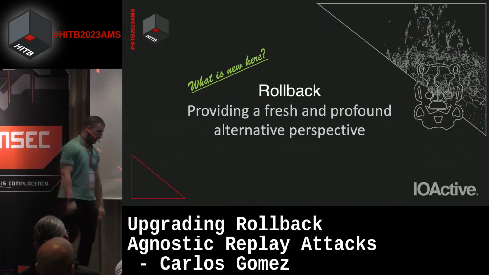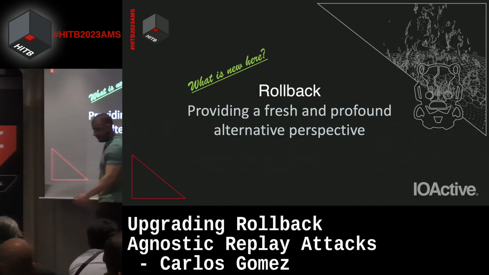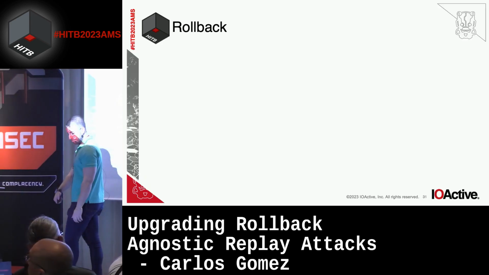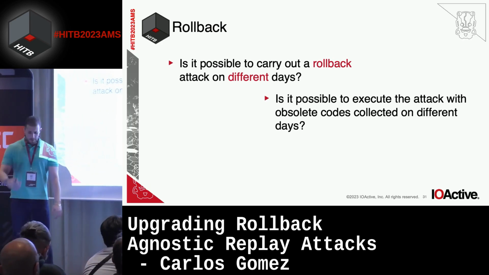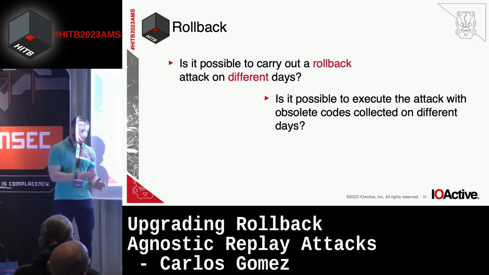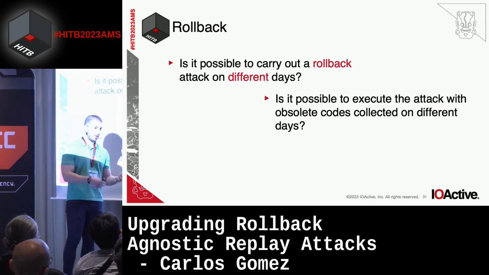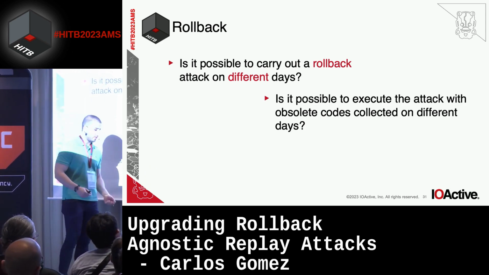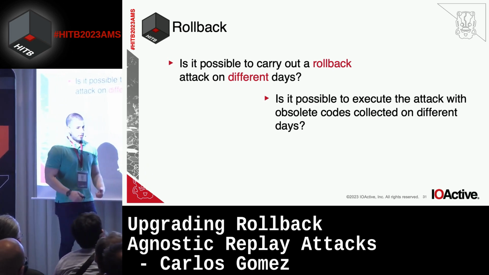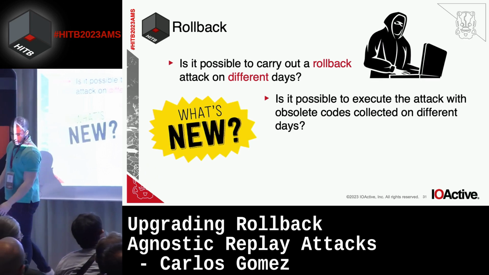But okay, now we are getting into the business. What are the new things that we discovered in the Rollback attack? These are the two questions I made in the past. If we can send interleaved signals, we can perform these attacks on different days. Imagine that you are grabbing signals of a car for a week. What happens if someone does that?